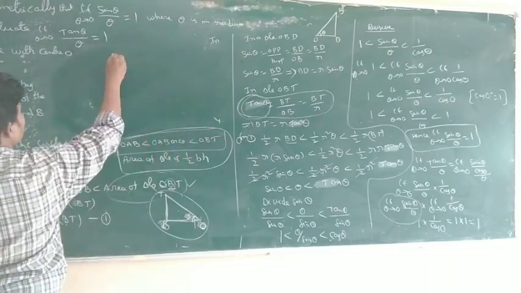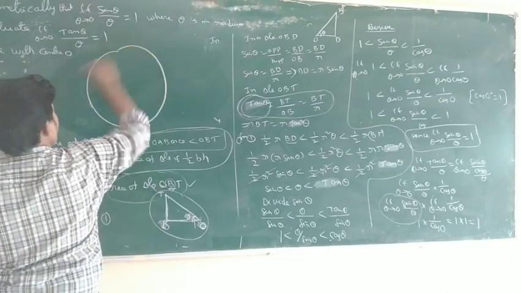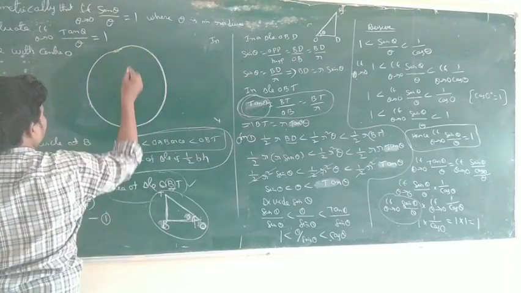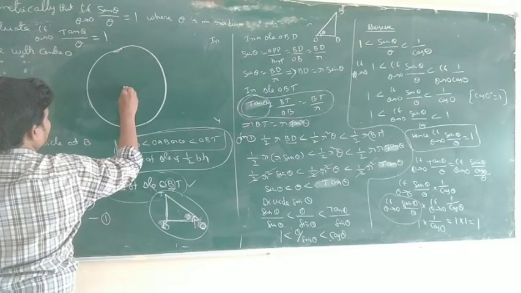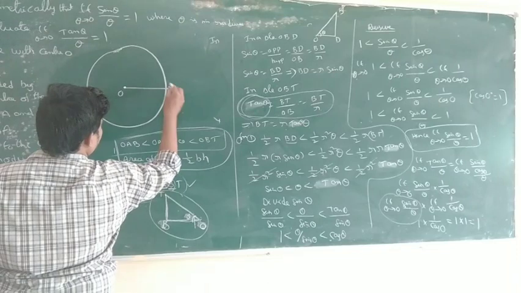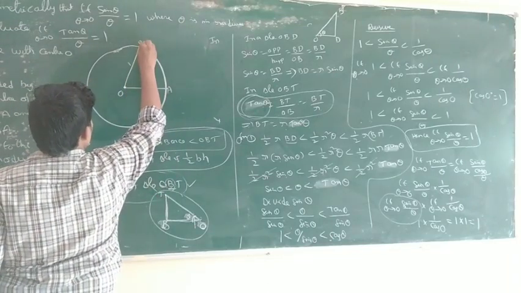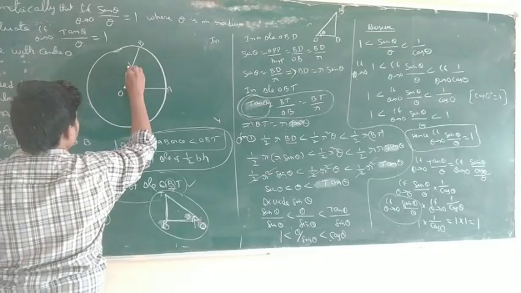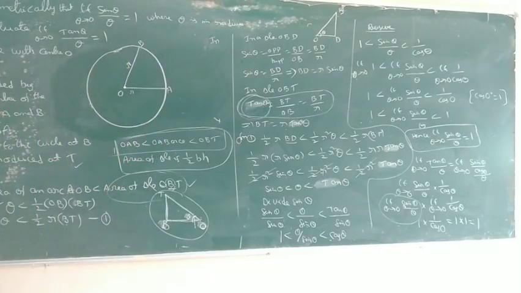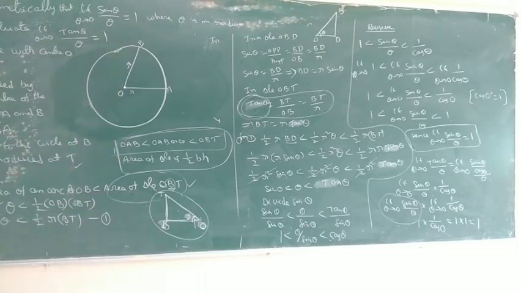First of all, draw one circle. Next, the center is O. This is the OA radius, and this is the OB radius. This is R, this is R. From the center to the circle, the distance is the radius.